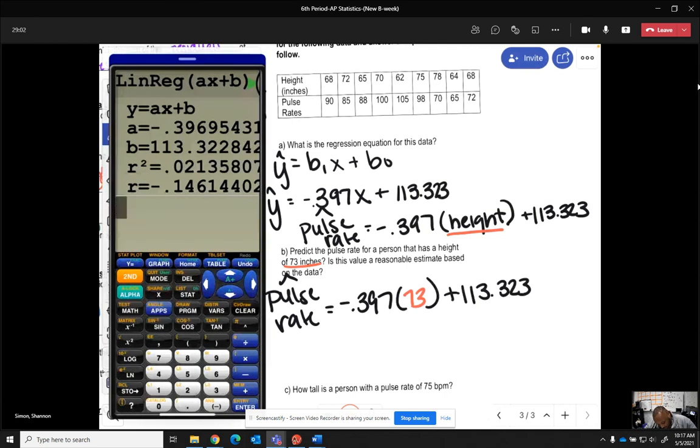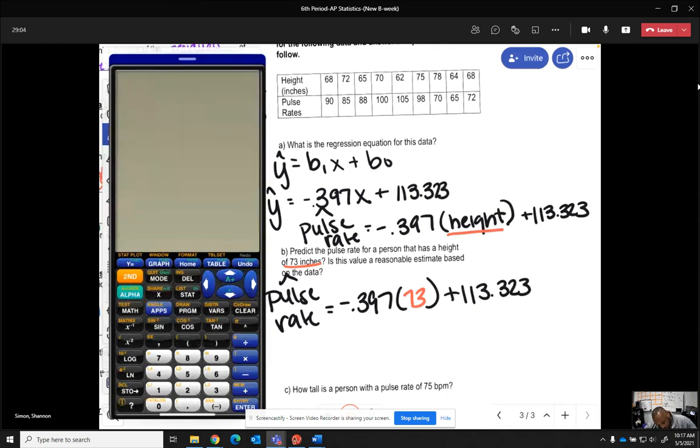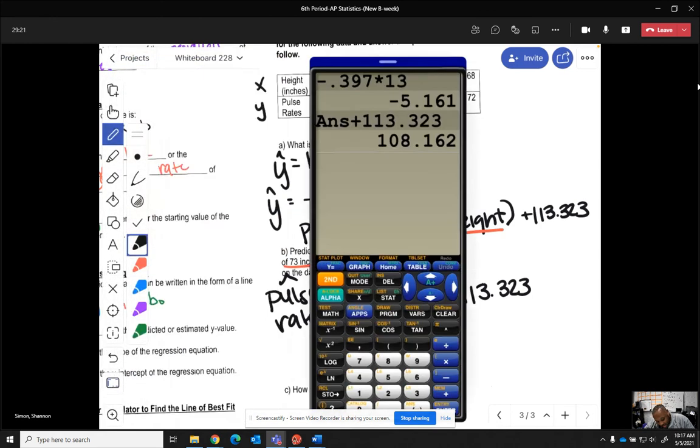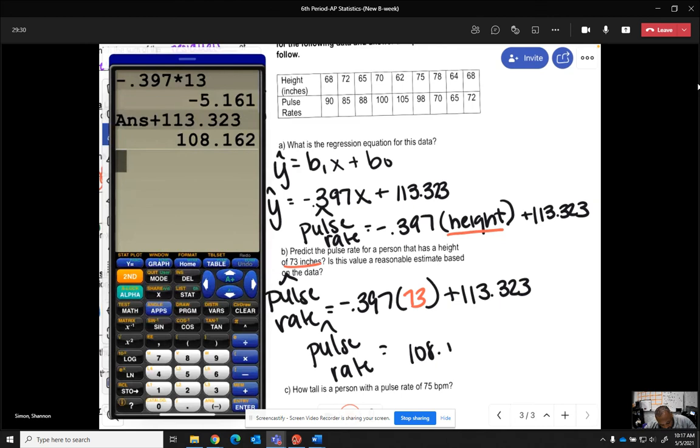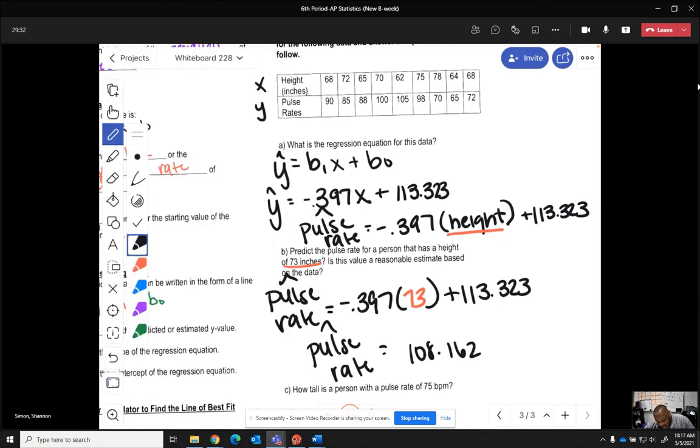And so when we do this, I get this value right here. The predicted pulse rate is equal to 108.162. I want to know, does that answer make sense?